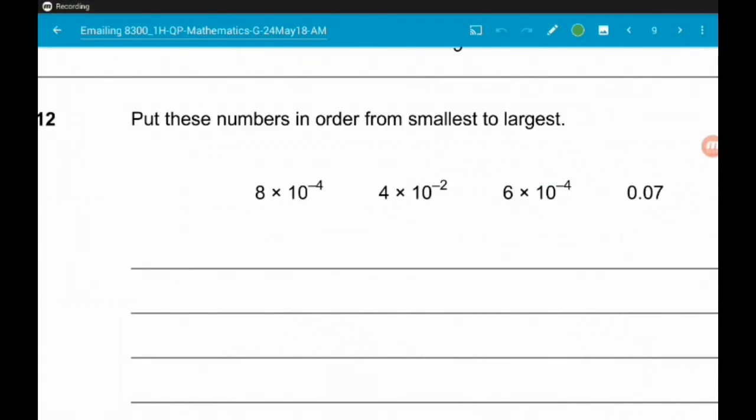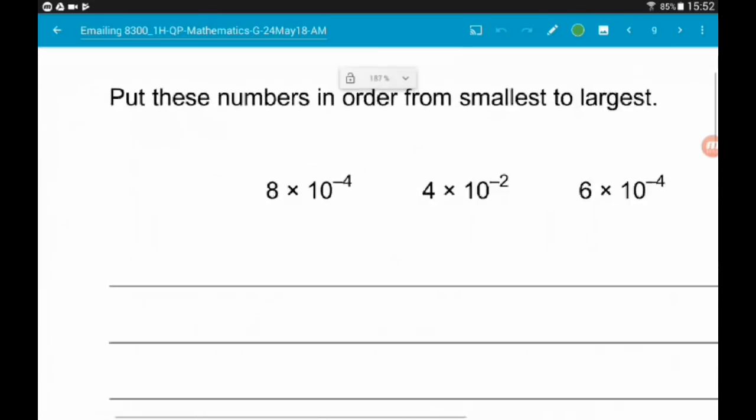Okay, question 12. We want to put these 4 numbers in order of size from smallest to largest. So 3 of them are in the standard form. Really what we're going to want to do here is convert everything into the same form. So I'm going to write everything as a decimal.